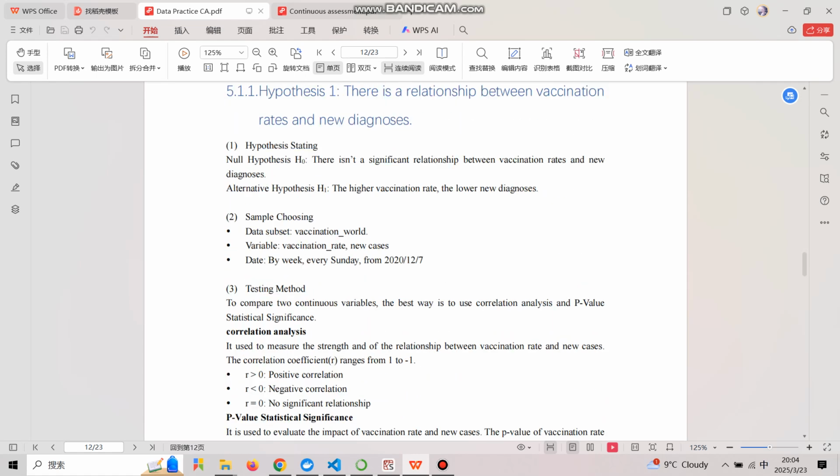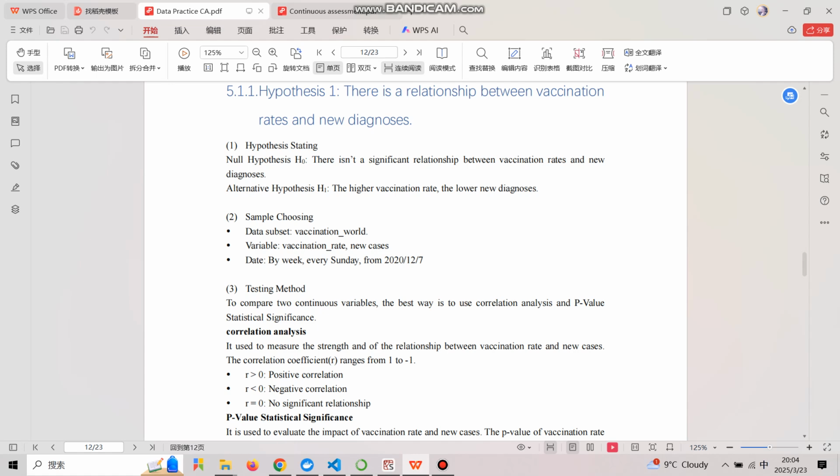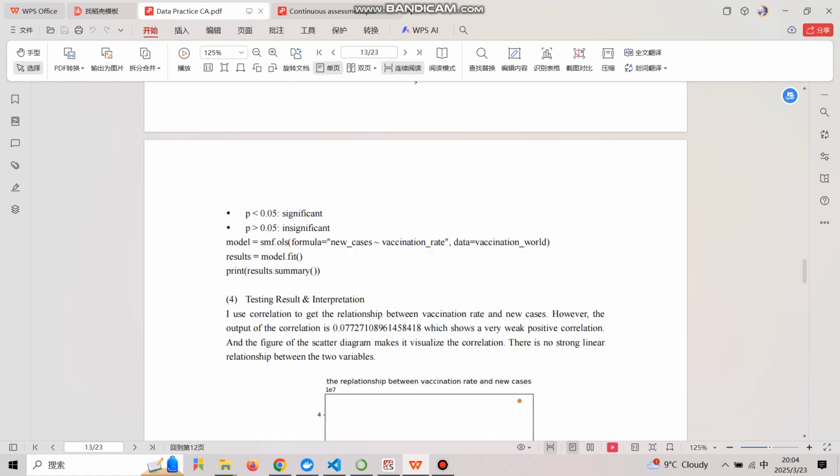The first test was to determine the relationship between vaccination rates and new diagnoses, using correlation analysis and p-value statistical significance.